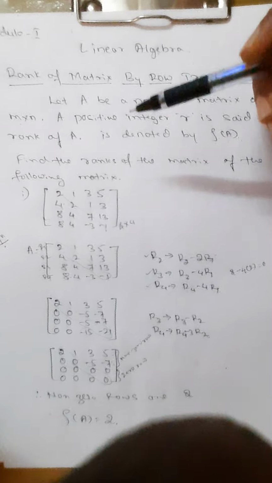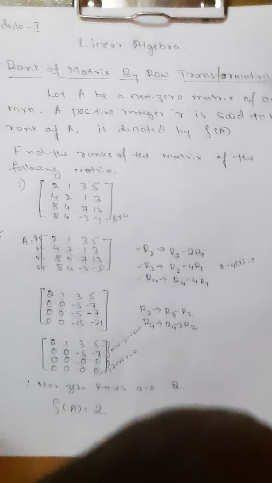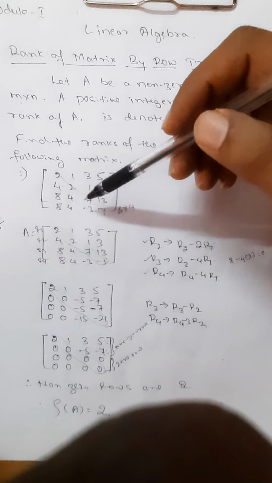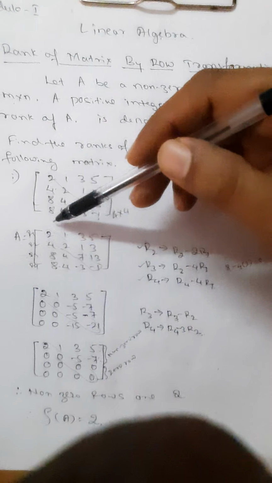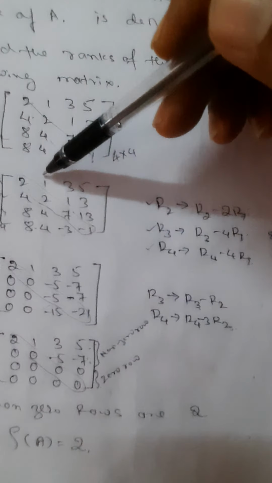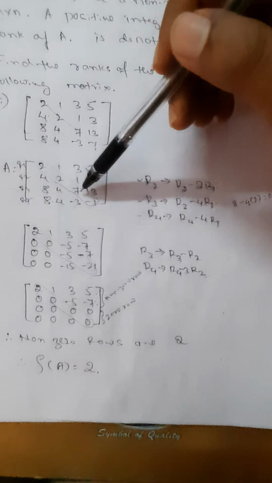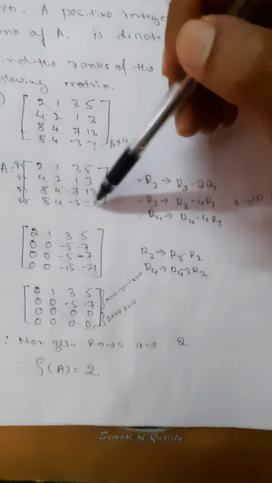Now our work is to make the elements below the diagonal elements 0.